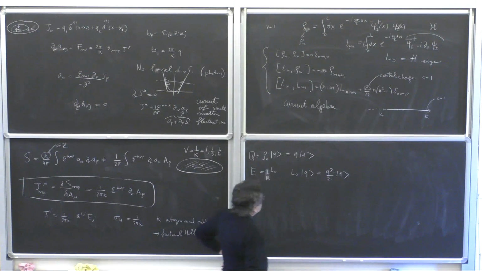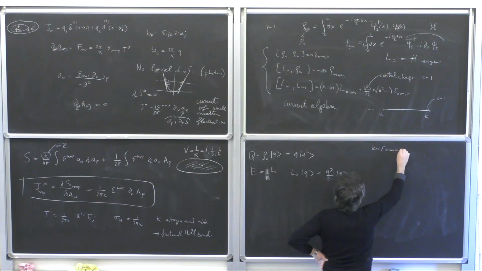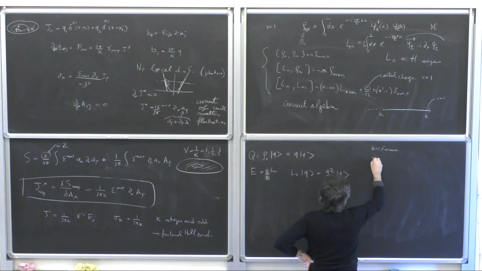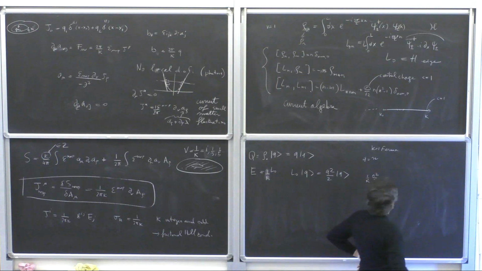And so in the case of the fermion, we had that the charge is an integer, and the energy is n squared over 2, times 1 over R. This is an excitation.